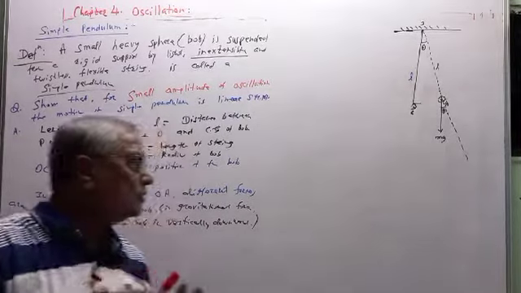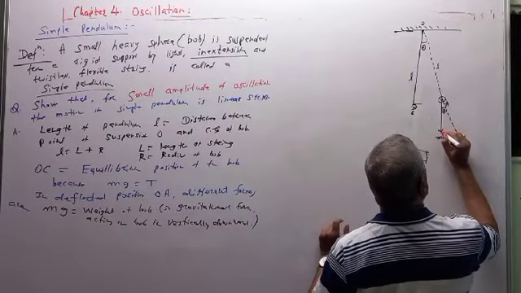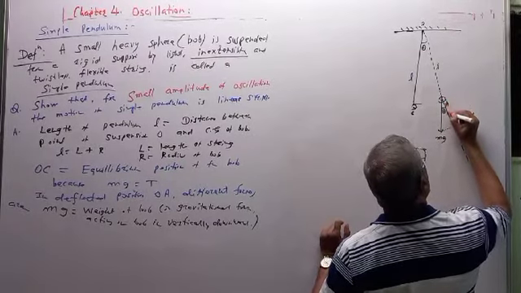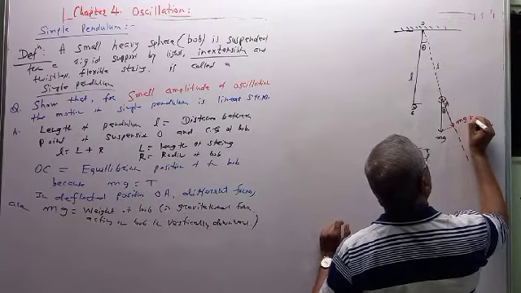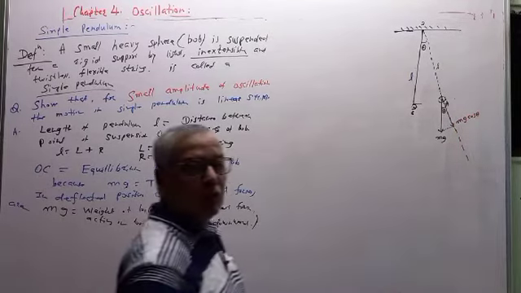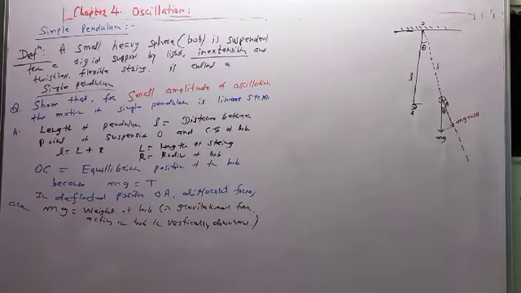That vector resolution we know. If we draw perpendicular on this side, then this component is adjacent to theta and it is called mg cos theta. It is along OA, away from the point of suspension.